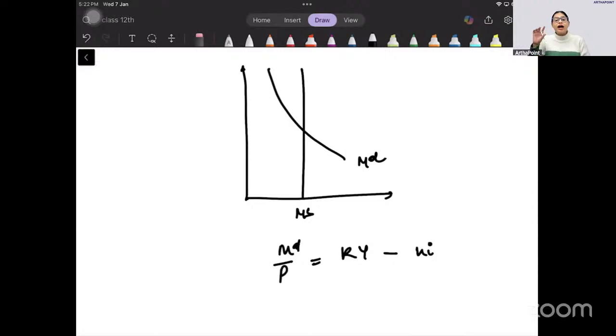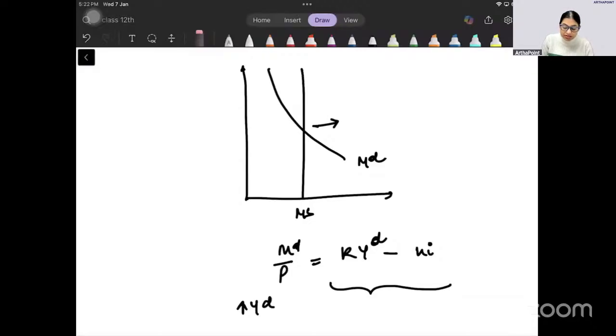तो यहां पर how they have twisted the question is that instead of writing LM curve as ky minus hi, they have written kyd minus hi. माने उन्होंने they have made it a function of disposable income. And हमें पता है that when income increases, the demand increases, and income decreases, demand decreases.